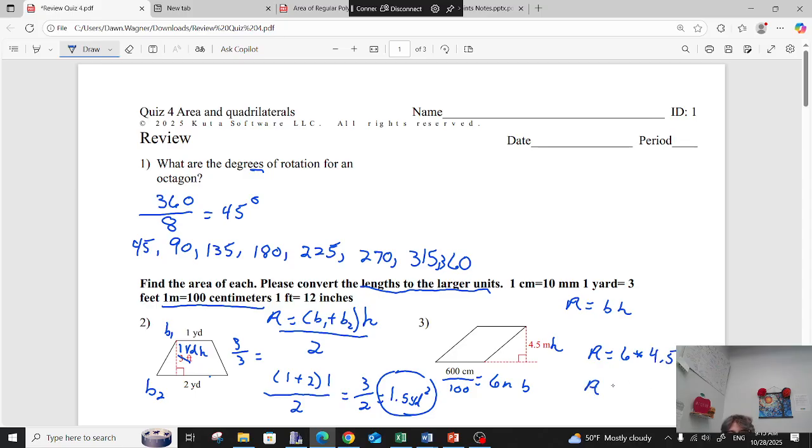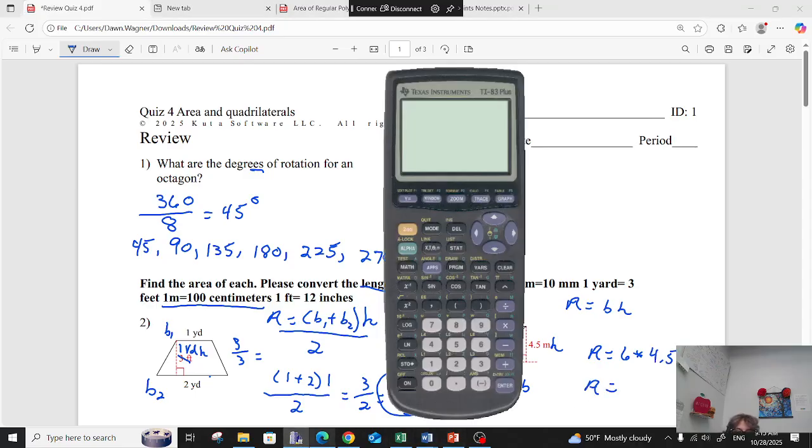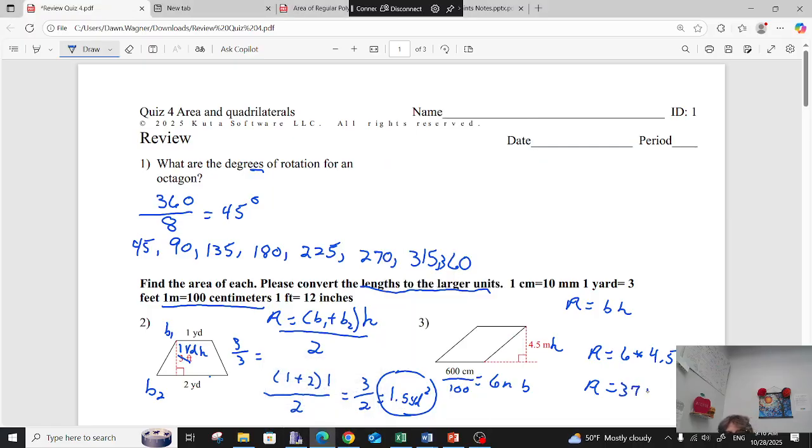So area would equal, what was it? 37. Oh, 27. I thought I heard 37. My ears are bad. I apologize. 27 meters squared. Okay.